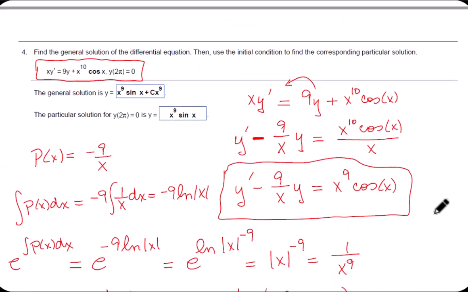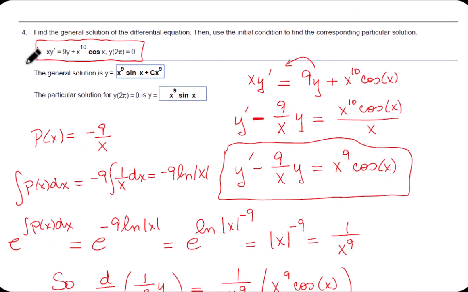In question 4, all right, we have our first order problem. We have y at 2 pi is equal to 0. So as before, I need to clean all this up. I'm also noticing that the y is on the wrong side of the equals.